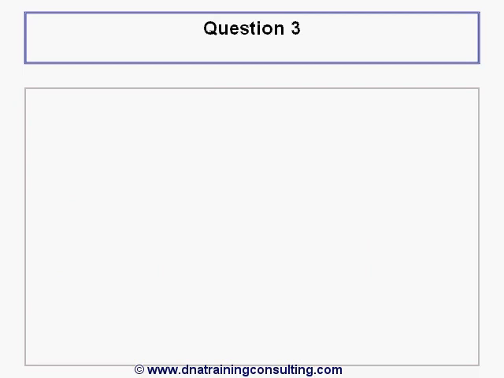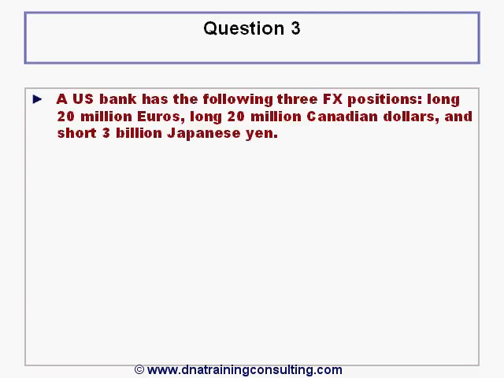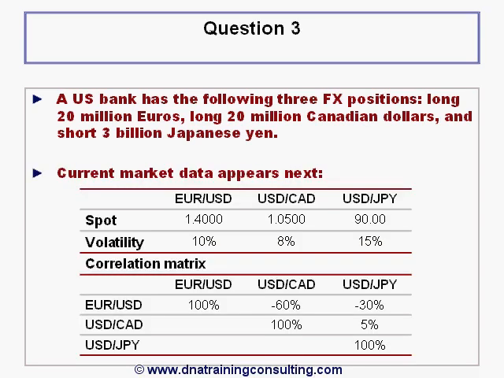Question 3. A U.S. bank has the following 3 FX positions: long 20 million euros, long 20 million Canadian dollars, and short 3 billion Japanese yen. Current market data appears next, including spot levels, volatilities, and correlations.